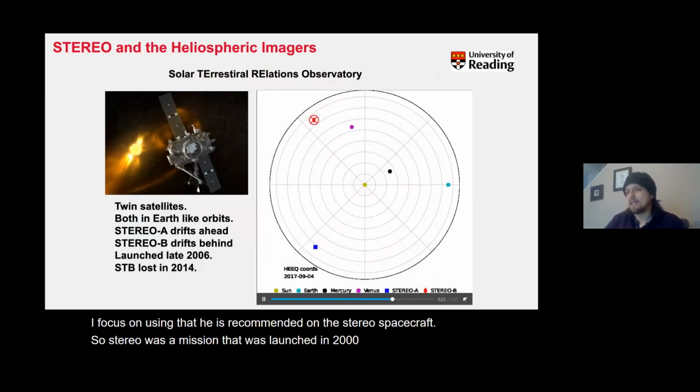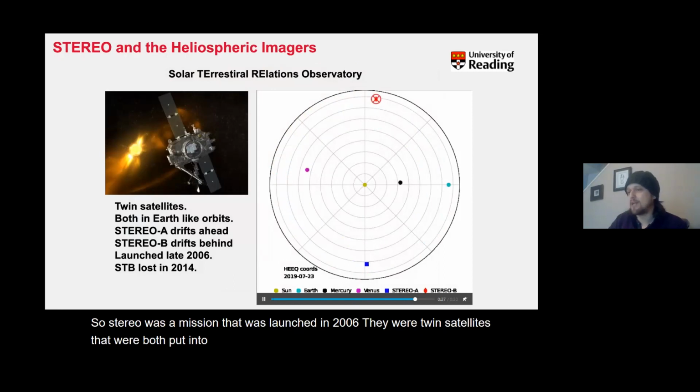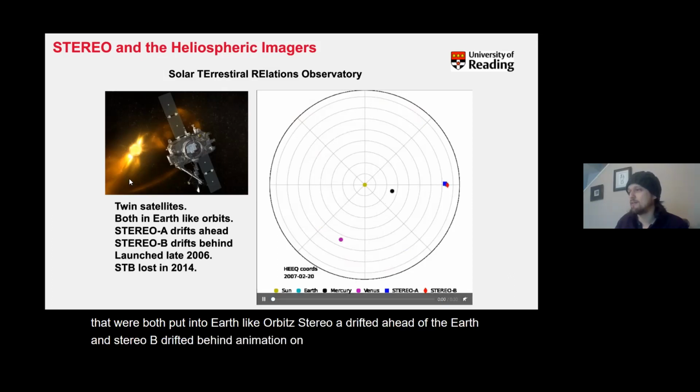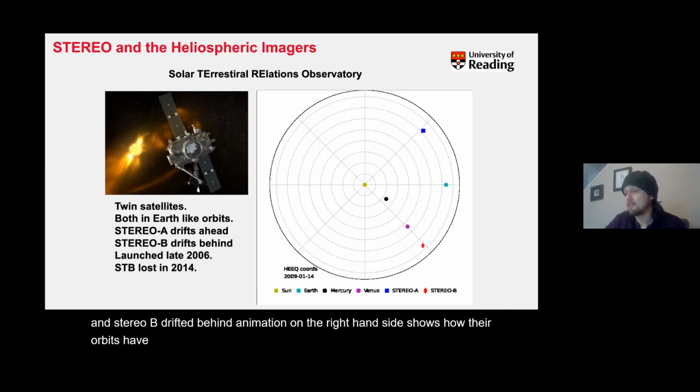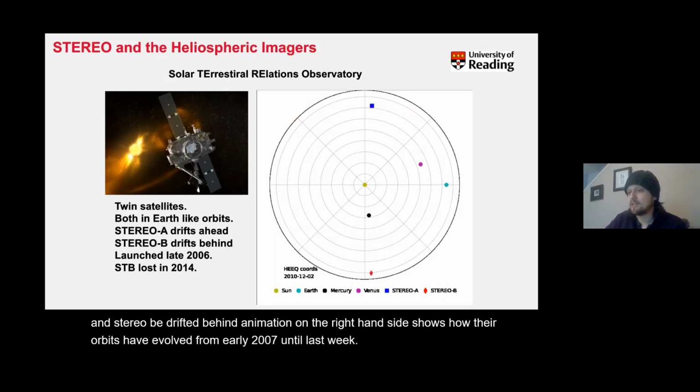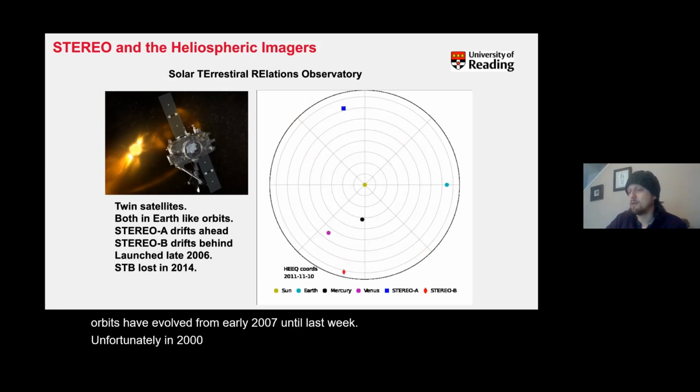They were twin satellites that were both put into Earth-like orbits. STEREO A drifted ahead of the Earth and STEREO B drifted behind. This animation on the right-hand side shows how their orbits have evolved from early 2007 until last week. Unfortunately, in 2014, we lost STEREO B.